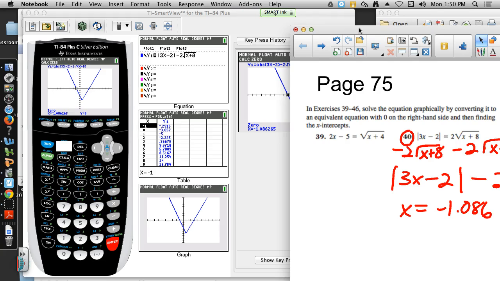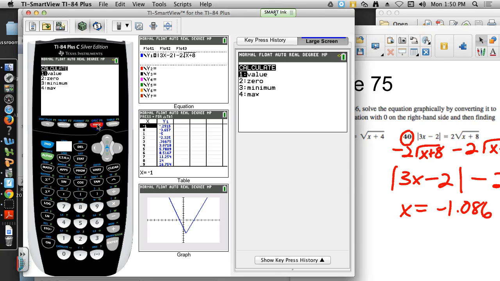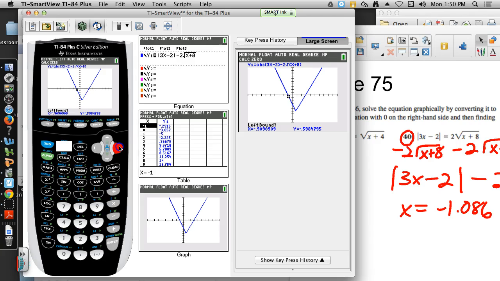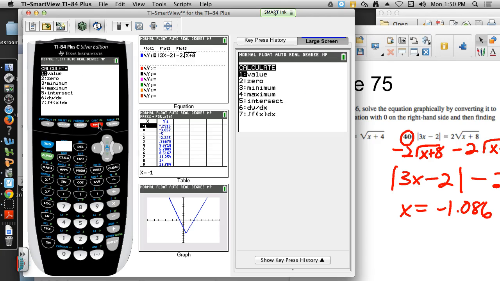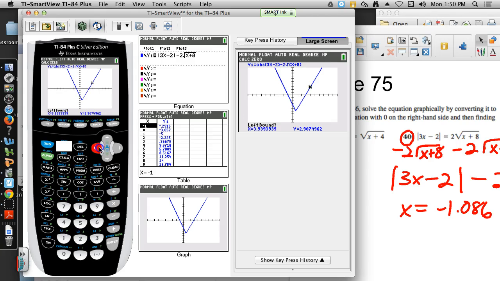And then we'll go back and get the other one. Second trace, number 2. And this time Blinky will need to be below the x-axis to be to the left of it. And then we will press enter. And because I have so many things going on right now, the calculator is being very, very slow.